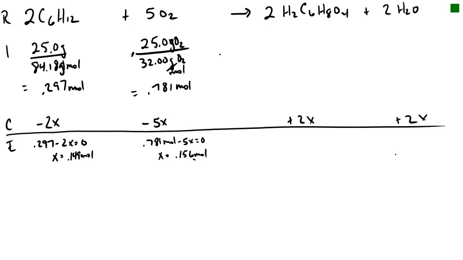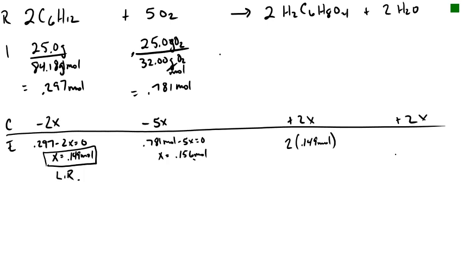In this instance, you can see that the 0.149 moles is smaller than the 0.156, so the cyclohexane will be my limiting reactant, and the oxygen will be my excess. So to solve for this problem, I would then take my value for x and multiply that by 2 for the adipic acid. So I'd have 2 times the 0.149 moles.